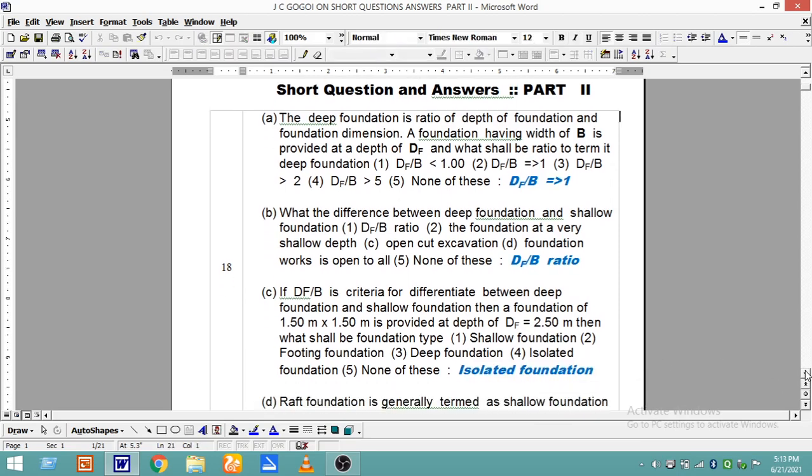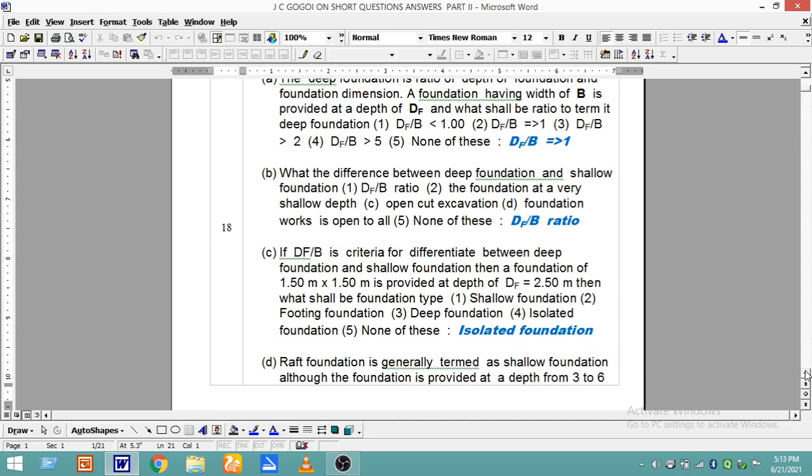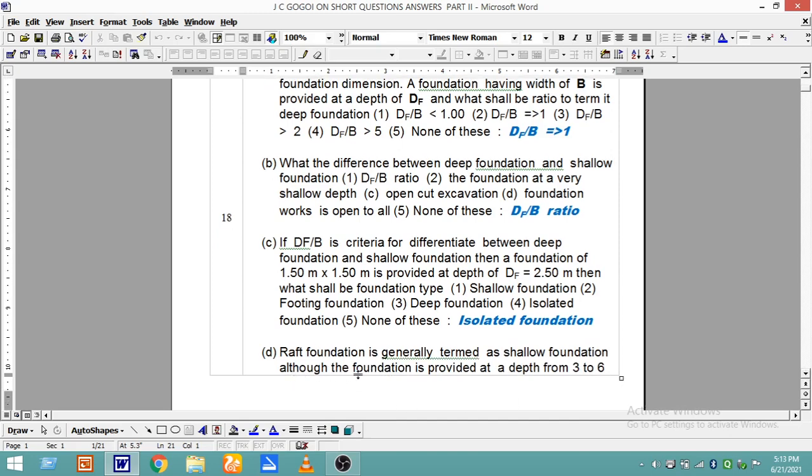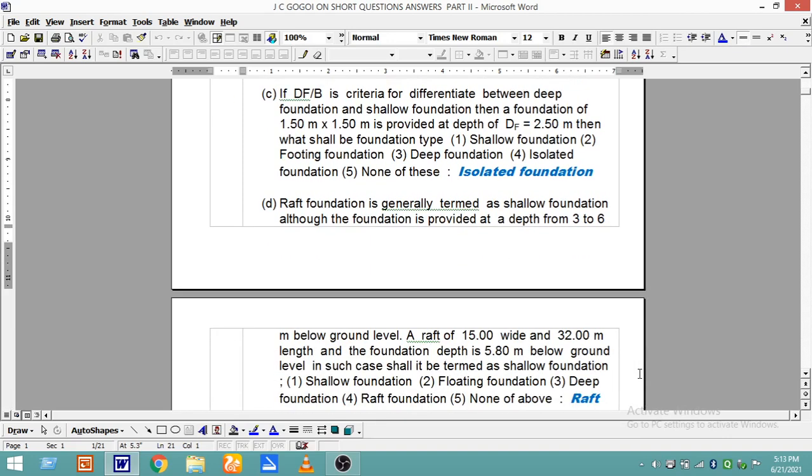For the next question, raft is generally termed as shallow foundation, although the foundation is provided at a depth of 3 to 6 meter below ground level.